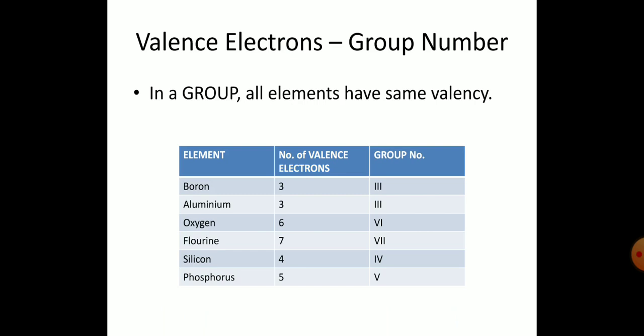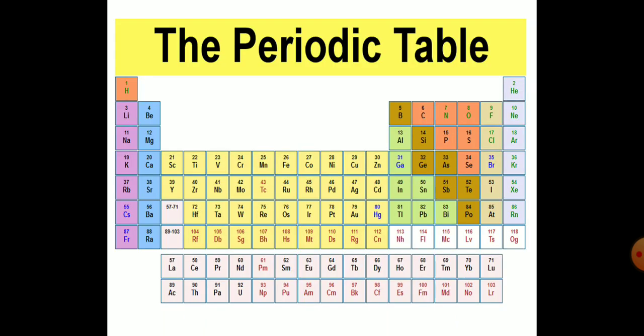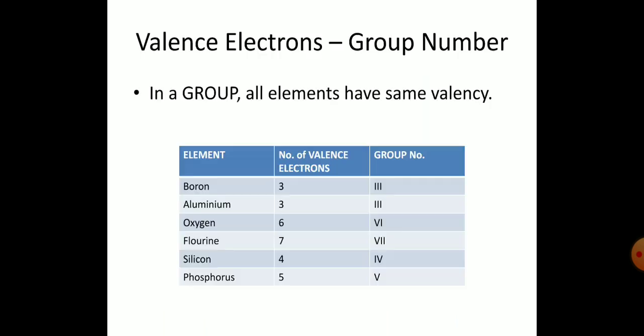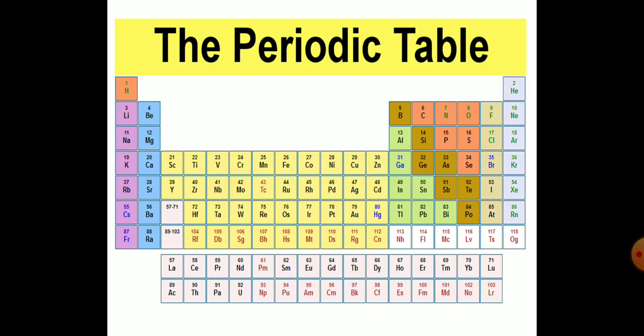So the boron is placed in group number 3. See, boron, the symbol is capital B, so it is there in group number 3. So lithium first group, beryllium second group, third group will start with boron. Now aluminium also will have 3 valence electrons, so it is also placed below boron.